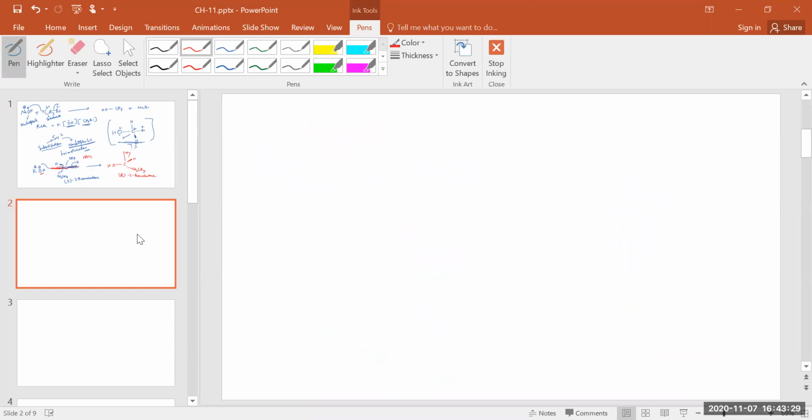A few more things you need to keep in mind about this type of reaction. Let me write again OH minus, the nucleophile, and carbon, bromine, hydrogen, hydrogen, hydrogen. For the reaction to take place, you need a solvent. We'll talk about these one by one. First, the nucleophile.